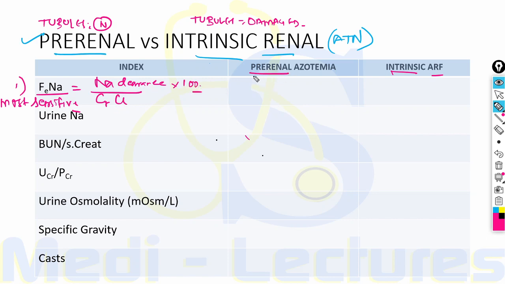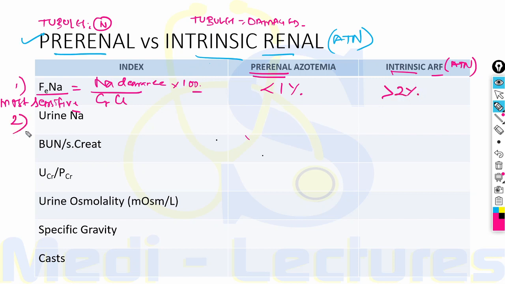So in pre-renal, the tubules are functional and sodium will be reabsorbed from the tubules. The fractional excretion will be less than 1%. On the other hand, in ATN, the tubules are non-functional and more of the sodium will be present in urine. So the fractional excretion of sodium is more than 2%.